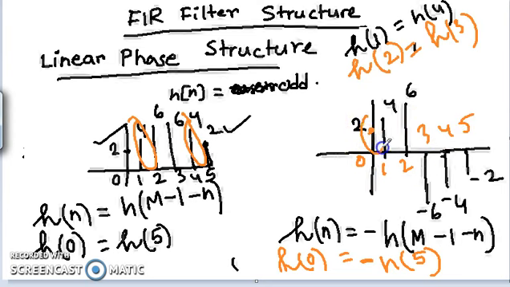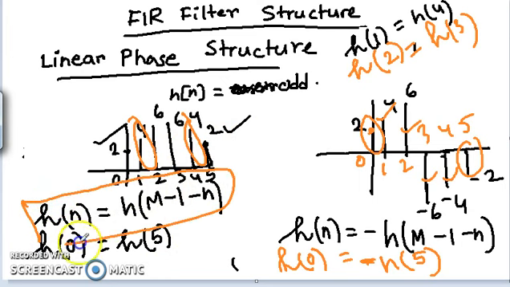So this is equal to this, but in a negative way. Similarly, each of the conditions is also satisfied. So for an FIR structure to be a linear phase structure, it must satisfy these conditions. Thank you.